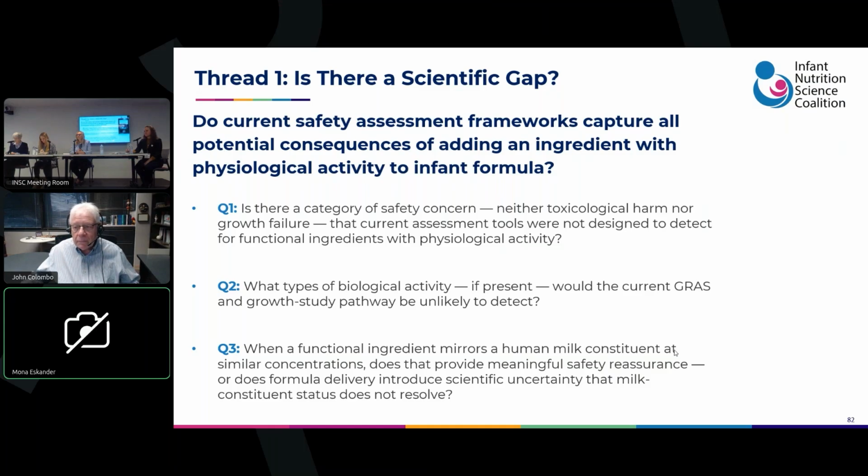If we are not adding it, we are depriving the formula fed infant. So basically, we should think of adding ingredients either to mimic the composition of human milk or the function of human milk.